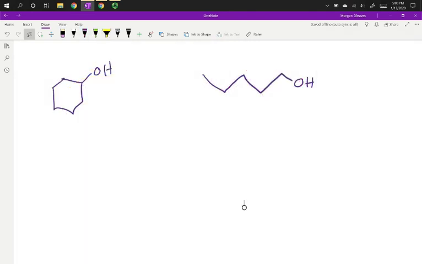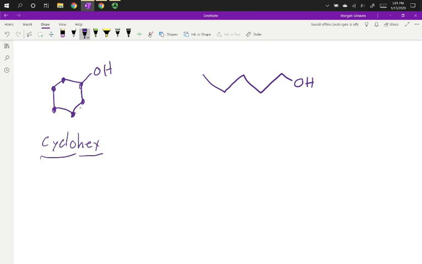Let's look at our last two. Well, this is a 6-carbon system. 1, 2, 3, 4, 5, 6. But it's in a ring. So it's a hex for being 6, but it's a cyclo. So this is cyclohex. So cyclo for a ring, hex for carbon number.